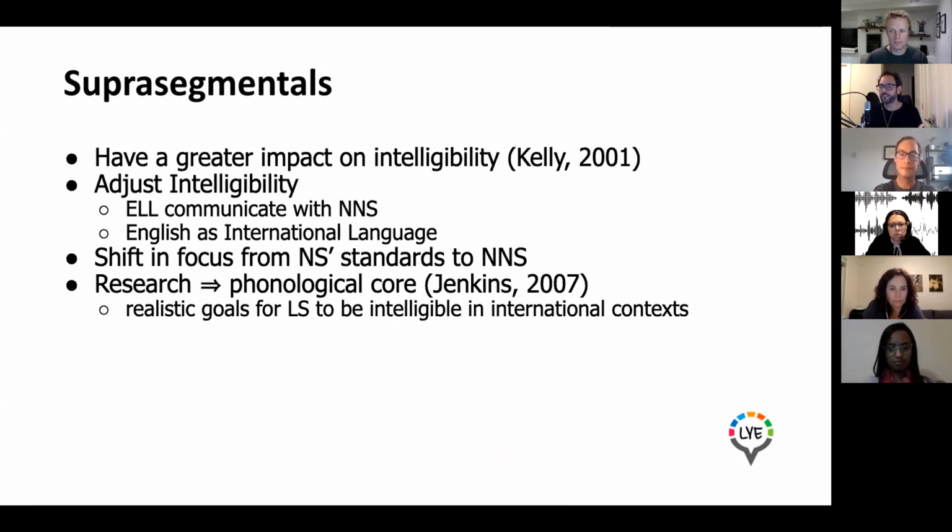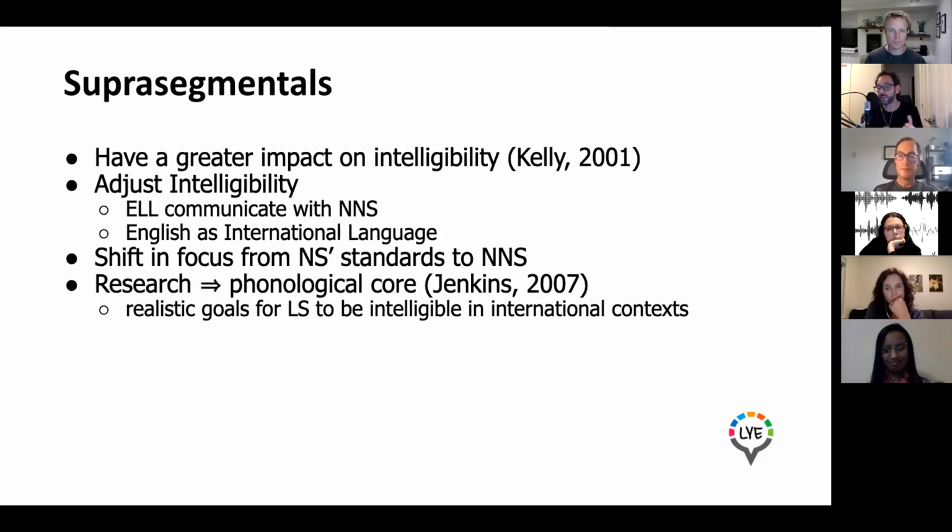And this research by Jennifer Jenkins has produced a lot of interesting features, something that she calls the phonological core, which are crucial in affecting intelligibility. And this core offers, I would argue, more realistic goals for those language learners who need to be intelligible in an international context. Not an accent that is intelligible or unintelligible. It is the speaker that is intelligible or unintelligible.